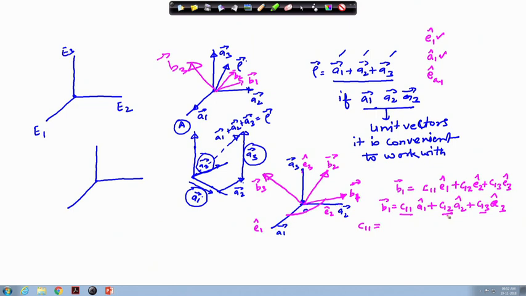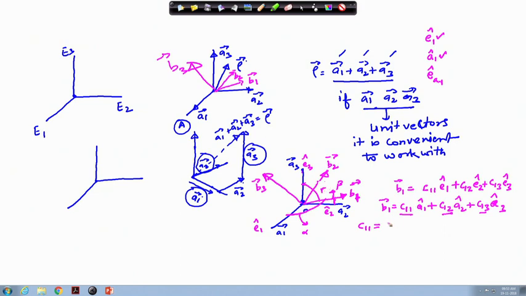Similarly, C 1 2 we have written in terms of this particular angle. This angle we have written earlier as alpha, this angle as beta, and the angle from this place to this place as gamma.